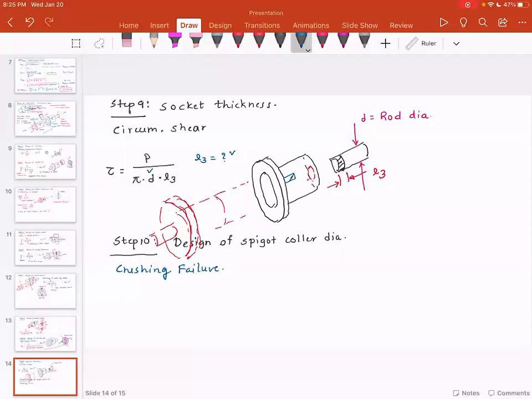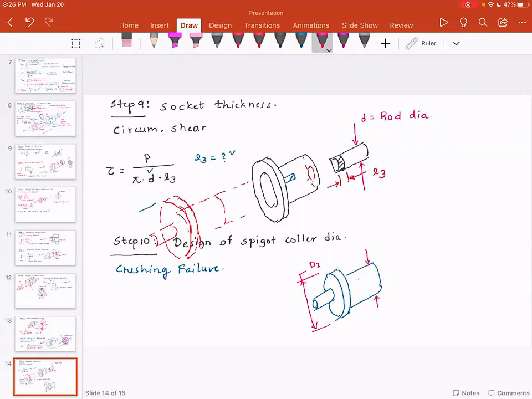I'm going to call this dimension D2, and this crushing, this is the dimension D1.